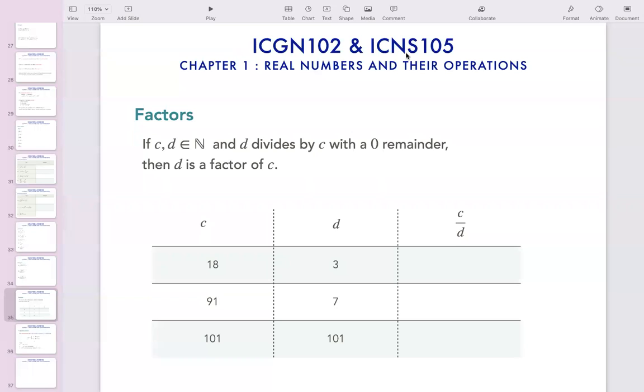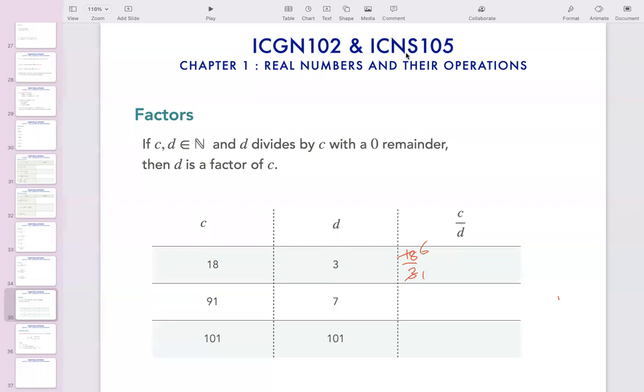You can see that in here, if C is 18 and D is 3, let me try to show you with this one. If we have C over D, that is 18/3, you can see that when you divide C by D, you don't have a remainder.